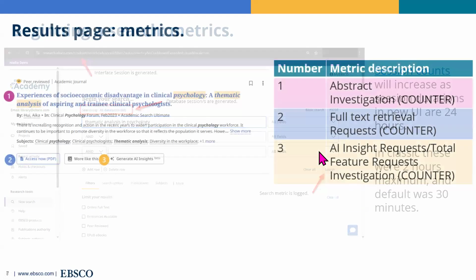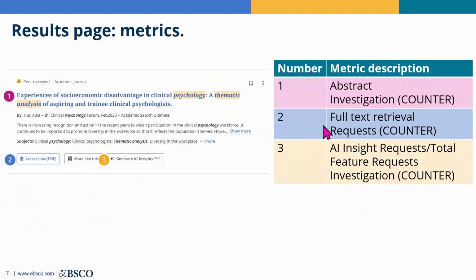The next thing is your result page metrics. So in this case, we've run a search on our topic and then the user will go through and review the results on that result page. The first thing we're going to see over here is a user might click on that title link. That is going to record an abstract view, or an investigation encounter.